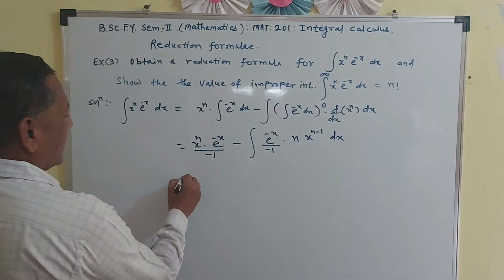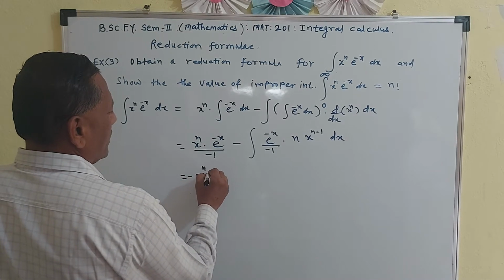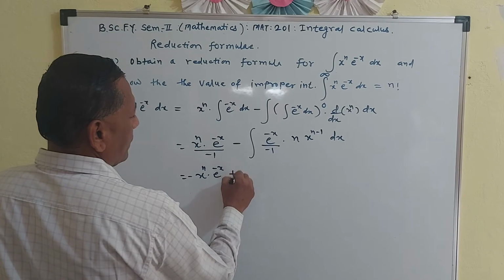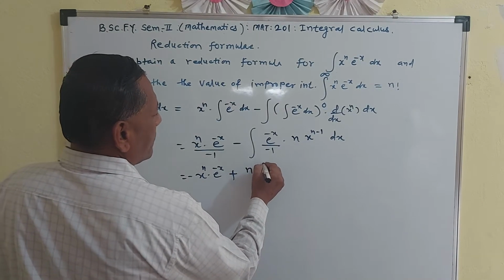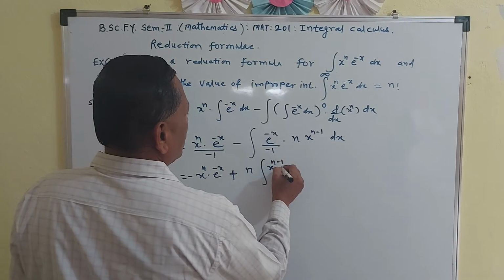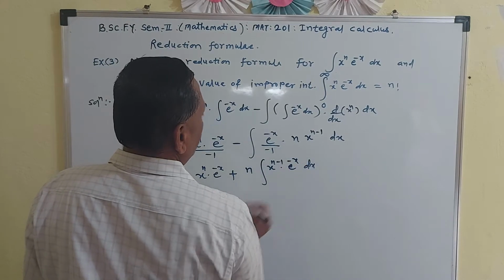Or this can be written as minus x raised to n into e raised to minus x, and here minus minus becomes plus, n is outside the integration, n into integration of x raised to n minus 1 into e raised to minus x into dx.